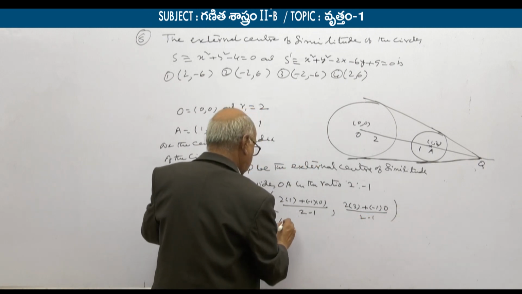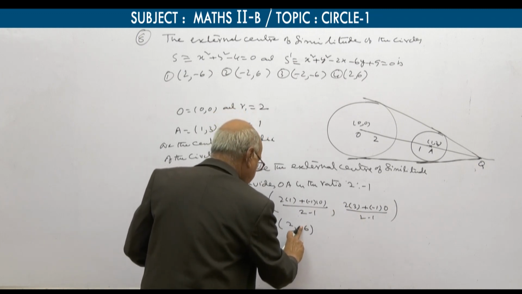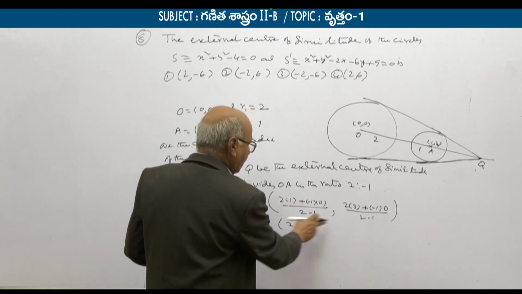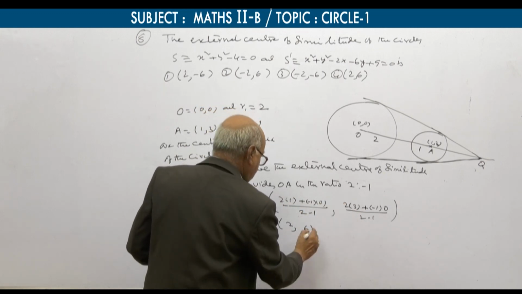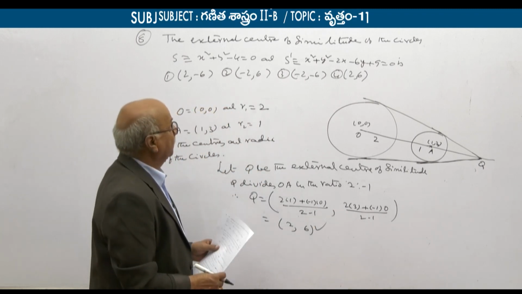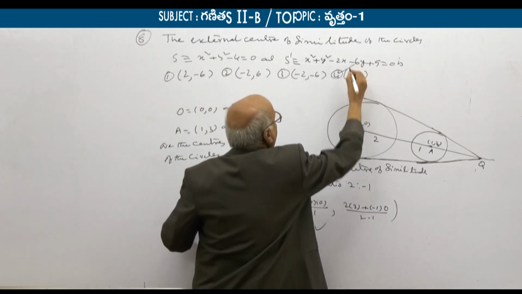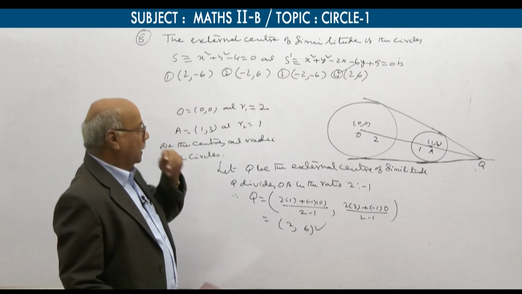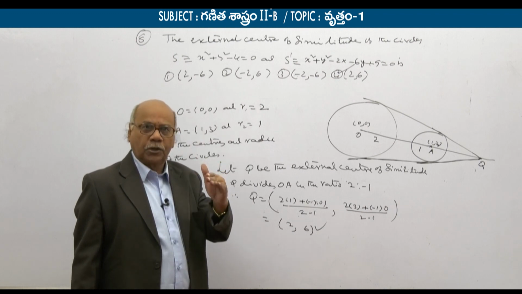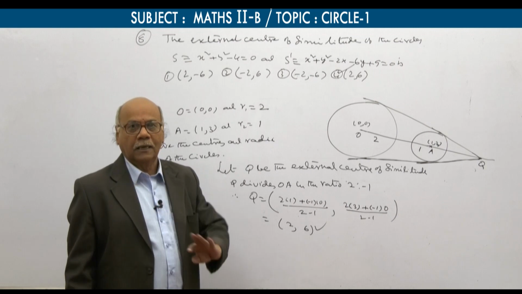So which is nothing but 2 comma 6. 2 minus 1, it is 1. So 2 comma 6 by 1, 6. So that is the external center of similitude. So the correct option is option number 4. So the thing is, internal center and external center divide the line joining centers in the same ratio. But the internal center divides internally, the external center, external division.